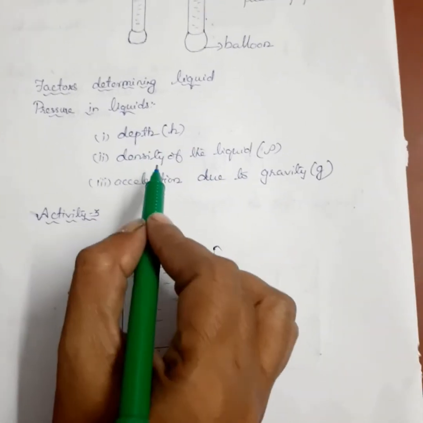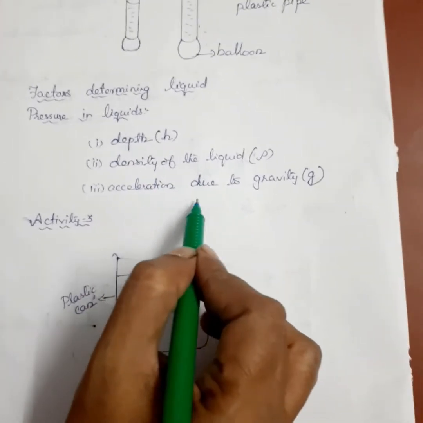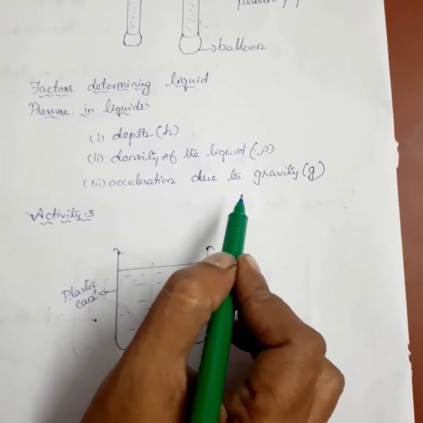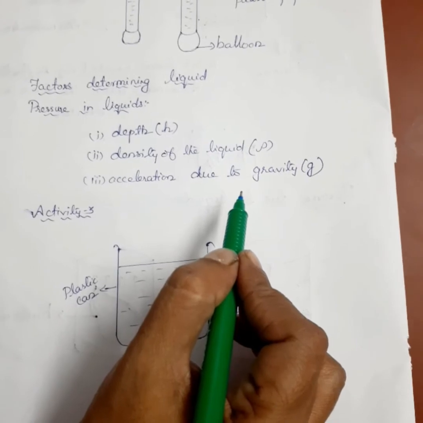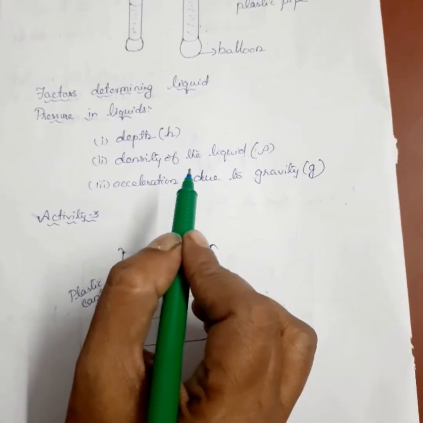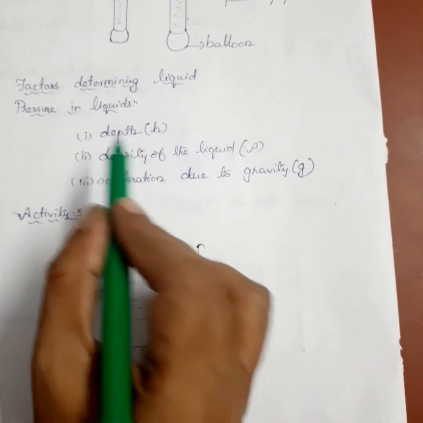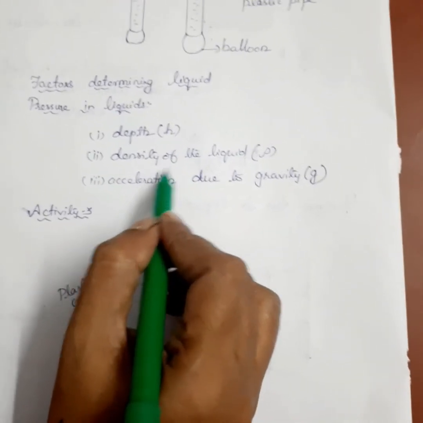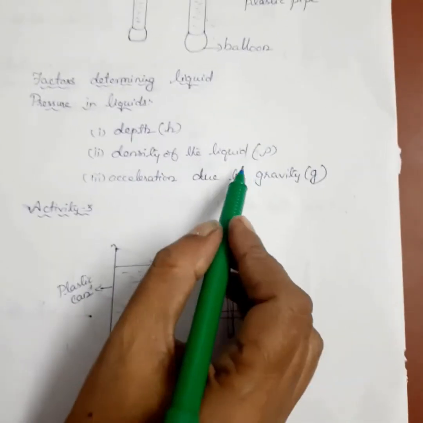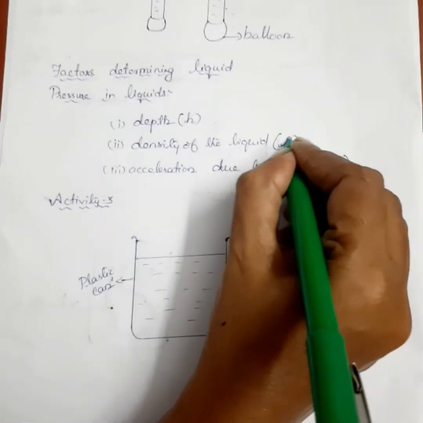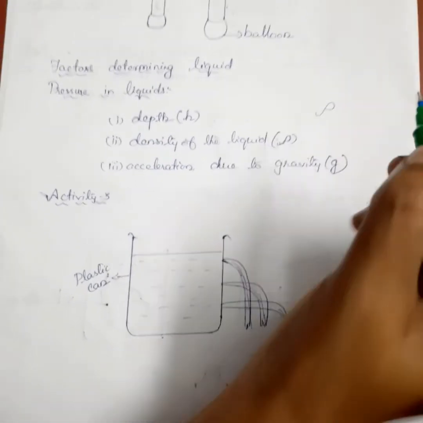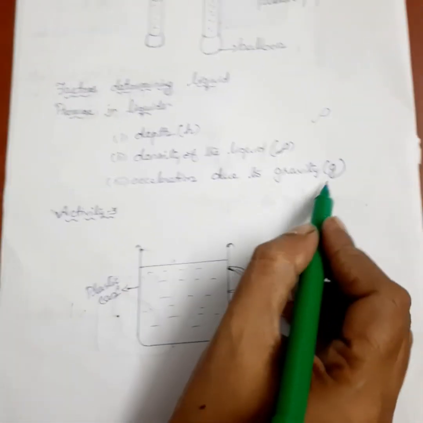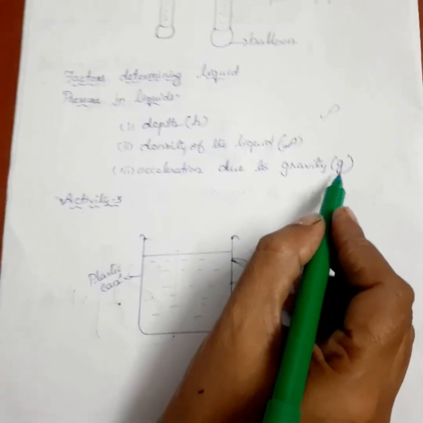It is very important. First one is depth, the symbol is h, height. Second one is density of the liquid, the symbol is rho. How did you write? Rho. Next one is the acceleration due to gravity, the symbol is g.